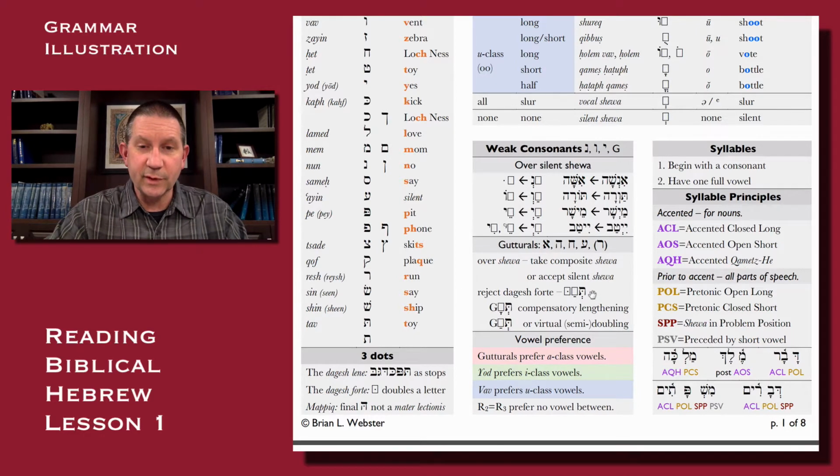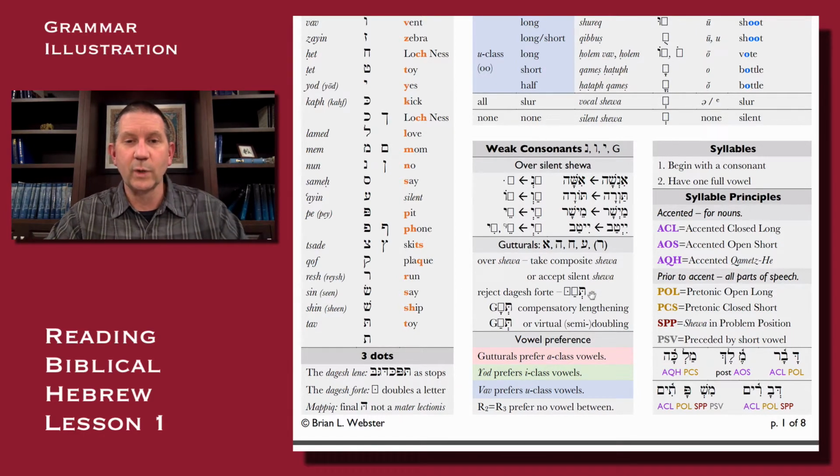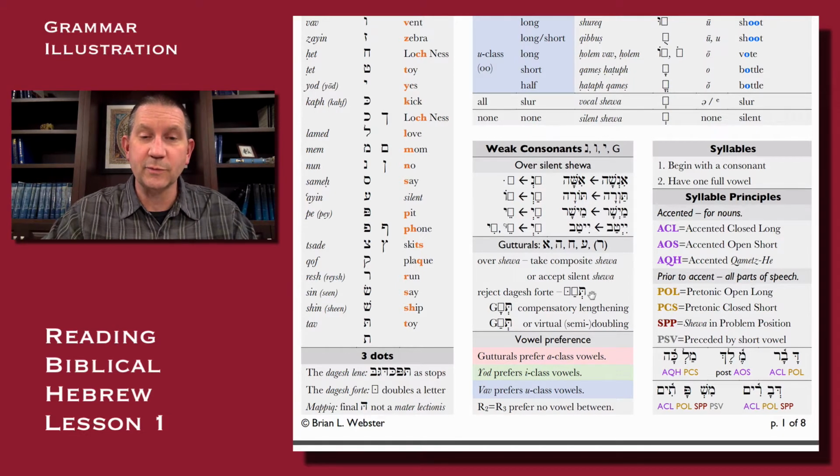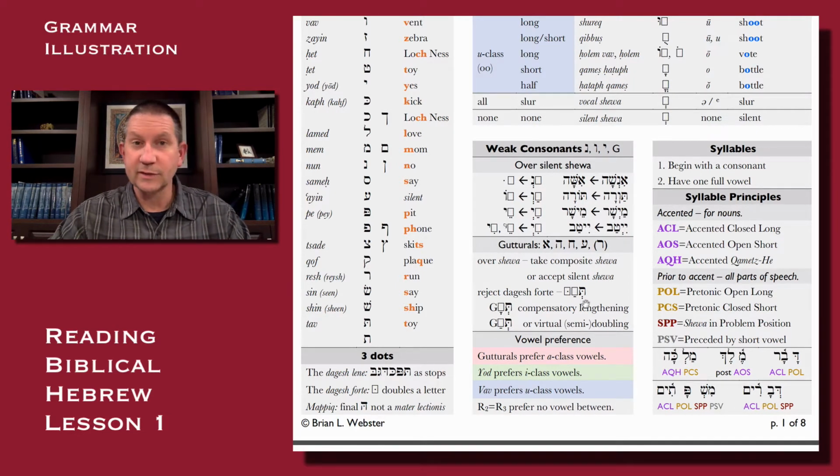So for example, here is a pattern that we're going to learn way back or way ahead in chapter 16. We'll have a prefix with a vocal shava, right? Because at the beginning of a word, every shava needs to be a vocal shava. And the first root letter in the word is going to have a patak, and the second root letter is going to have a dagesh forte.